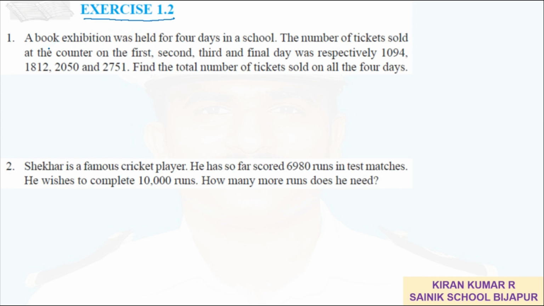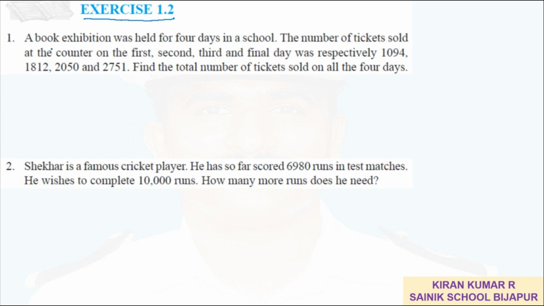A book exhibition was held for 4 days in a school. The number of tickets sold at the counter on the first, second, third and final day was respectively 1094, 1812, 2050 and 2751.